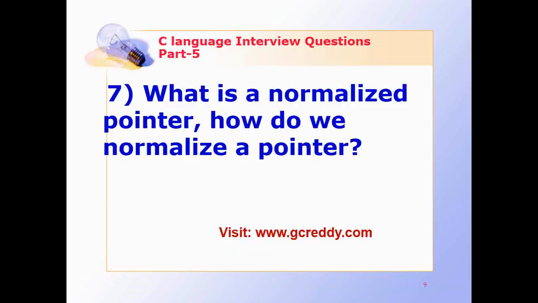What is a normalized pointer? How do we normalize a pointer? If it is a 32-bit pointer, it has as much of its value in the segment register as possible.